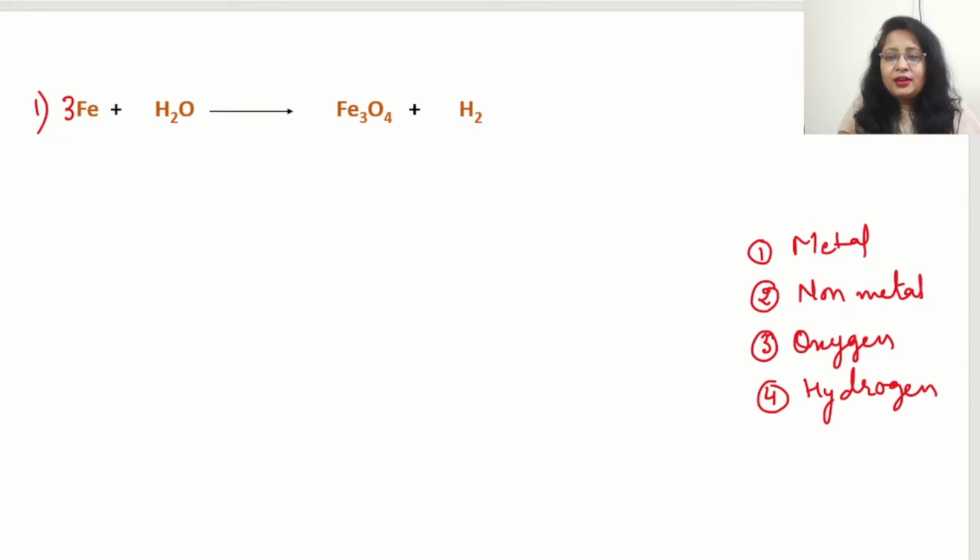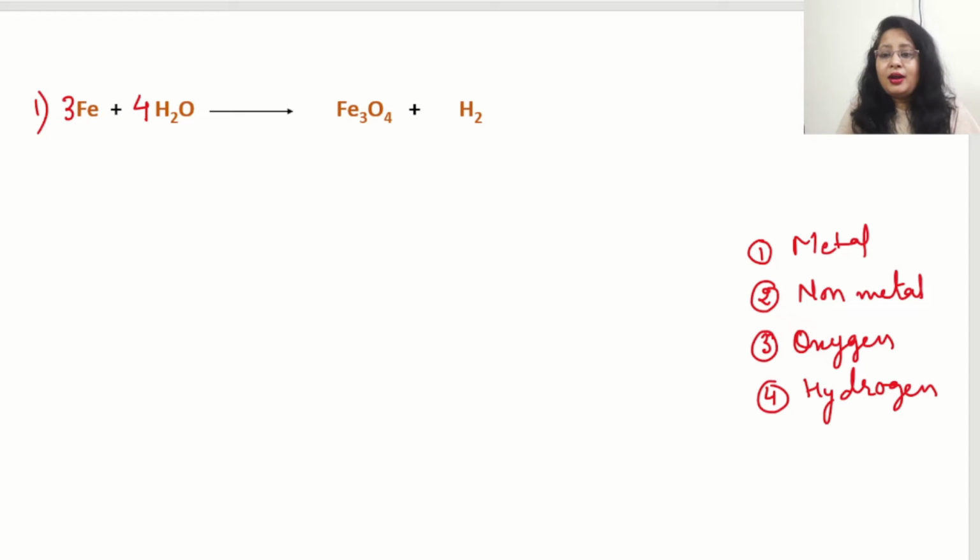So we can write 4 over here. Easy. Now one thing we will do: if we write any number, again we will check from the starting, like from the metal. So we wrote 4 here, then we will again check the metal. Metal here 3 and here 3, balanced. Oxygen here 4 and here 4, balanced.